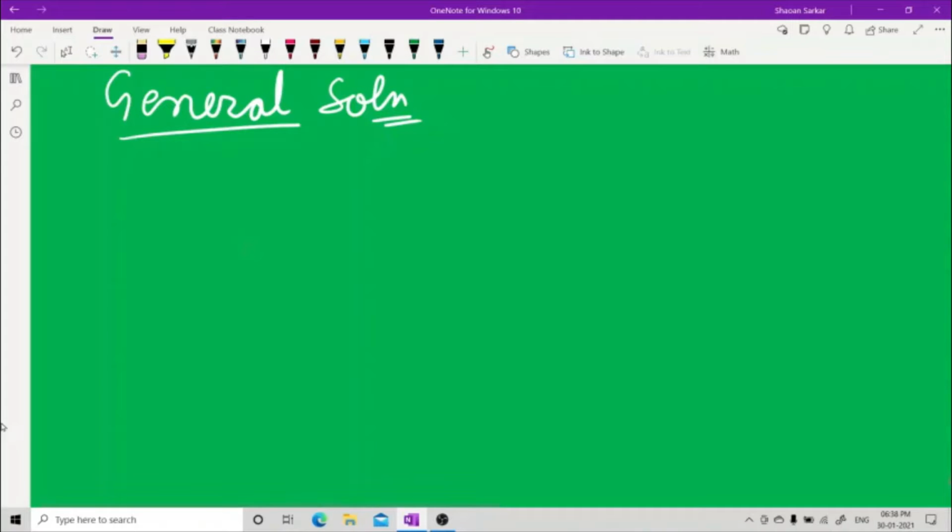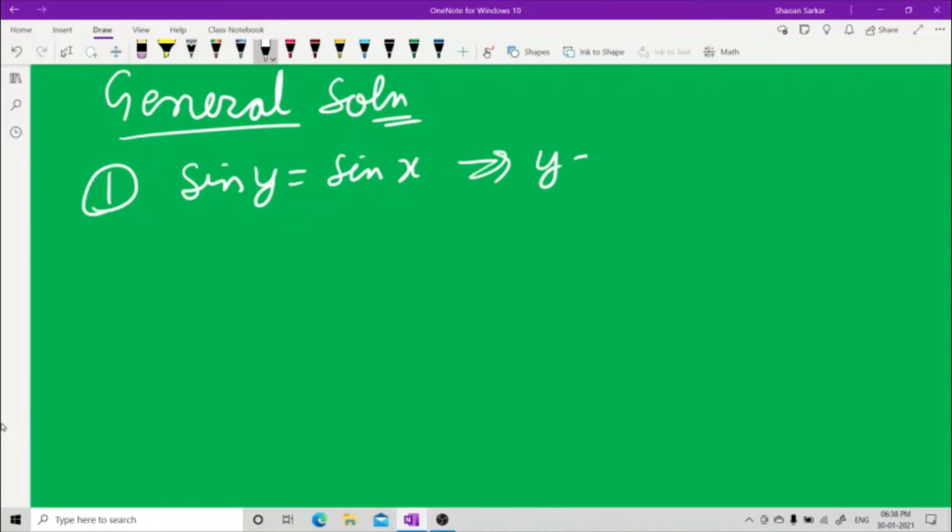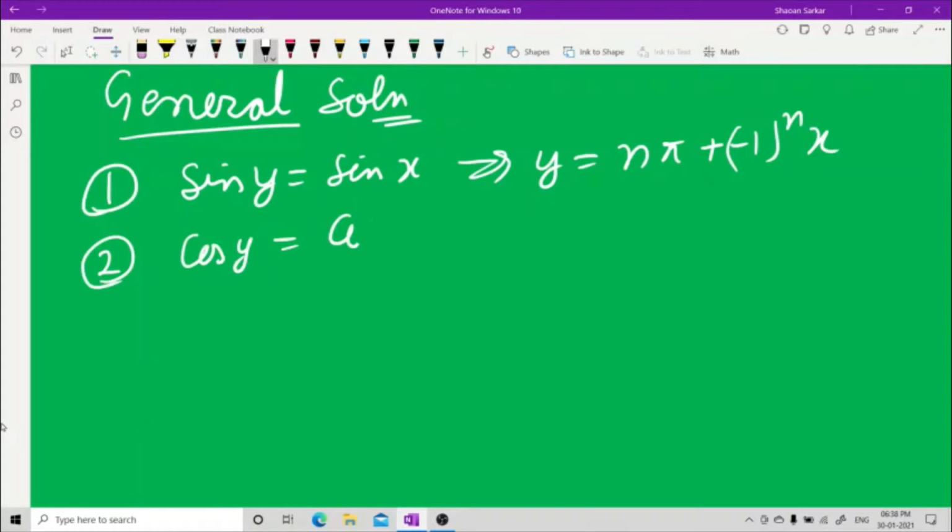General solutions. The first one: sin y equal to sin x will give you y equal to nπ plus minus 1 to the power of n x. Second, cos y equal to cos x will give me y equal to 2nπ plus minus x.